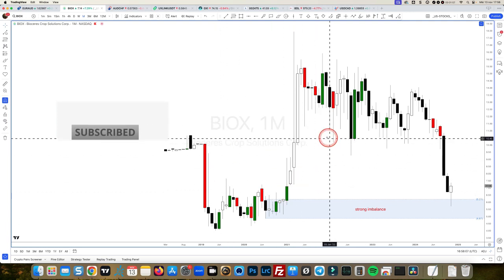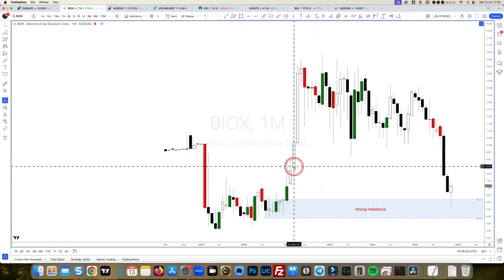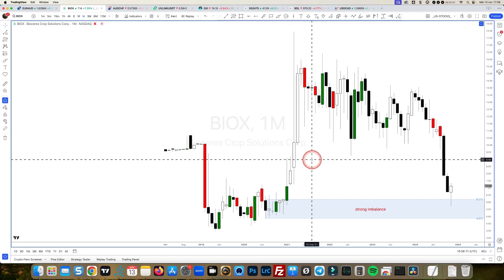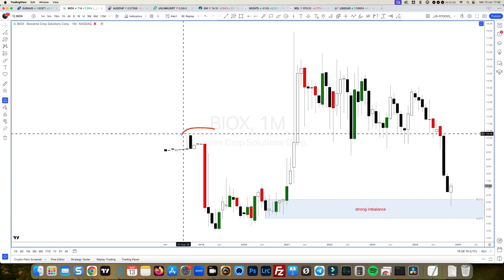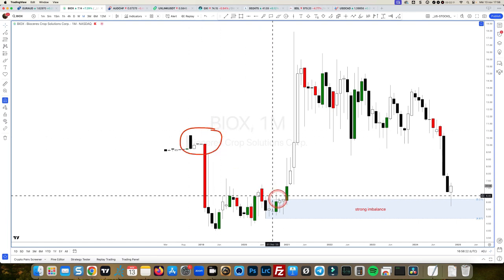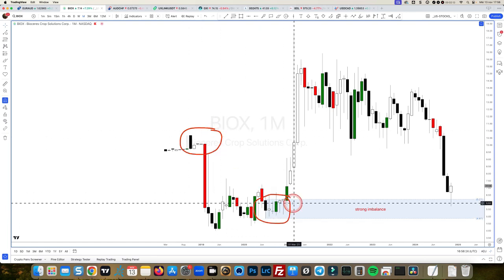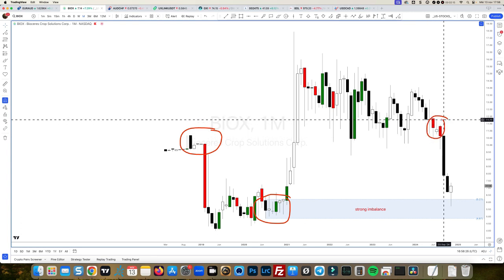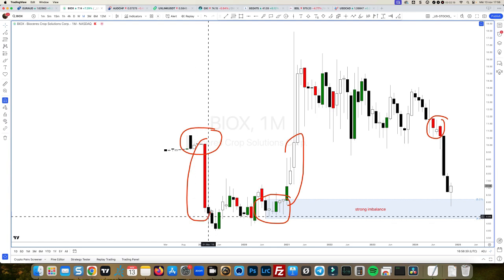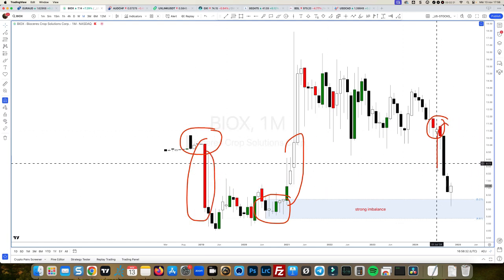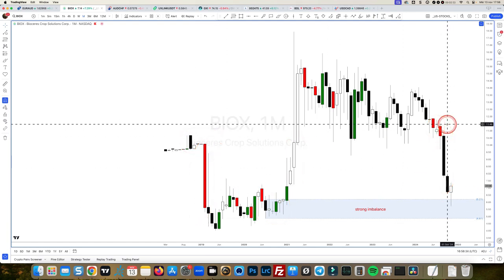So, if you take a look at this chart, and I ask you where are the strongest impulses on this particular stock, take a few seconds, and it is clear that this is the strongest impulse together with this one and this one over there, because as you can see we have large candlestick bodies. Here we have a very large candlestick body. Here we have three large candlestick bodies.